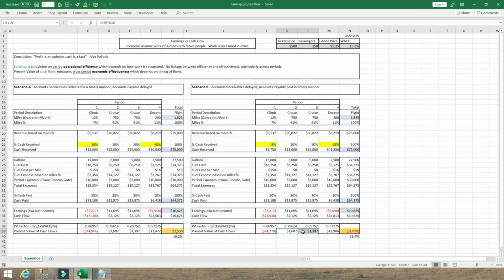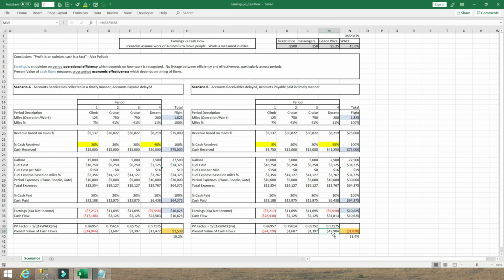The middle two periods have the exact same calculation, and then a little bit bigger number over here for cash flow, because it's at the end of the 4-year period, the discount factor is much bigger. I'm sorry, we're talking about this number up here. 34,000 becomes this 19,000 in terms of present value.